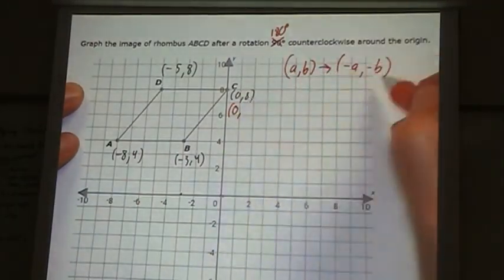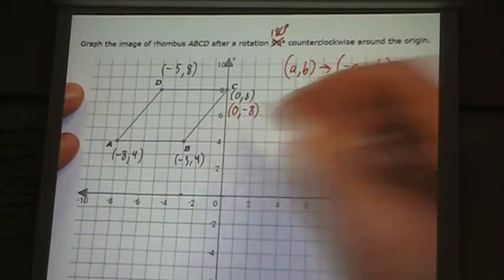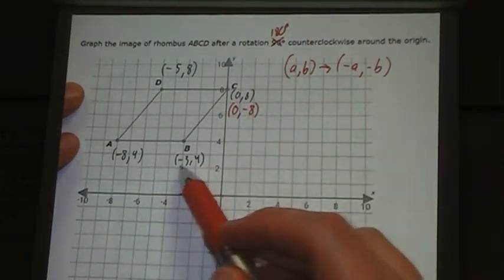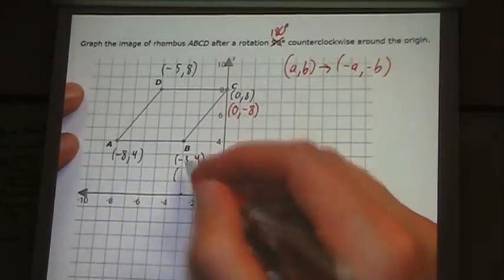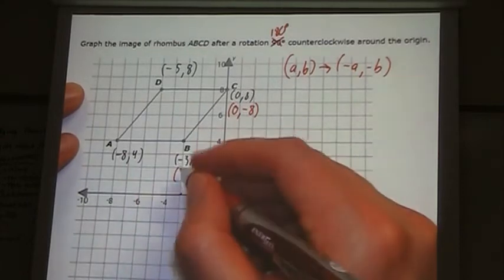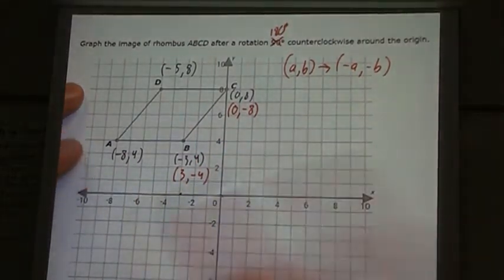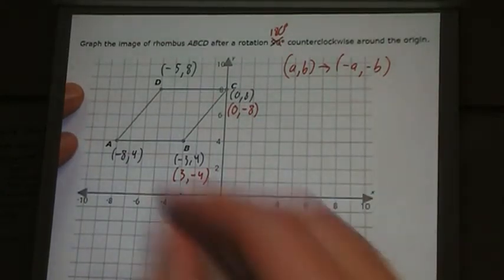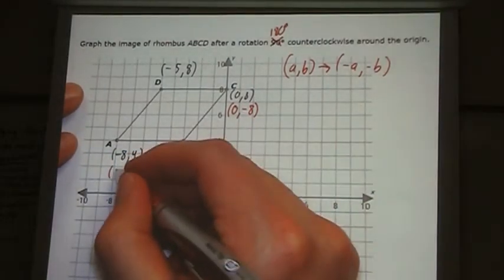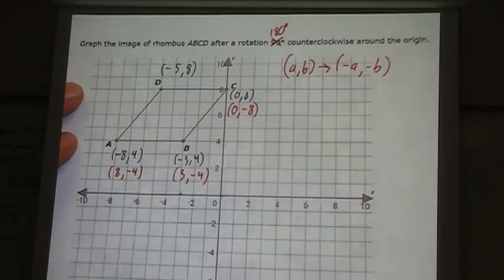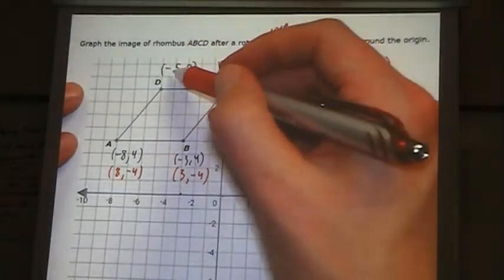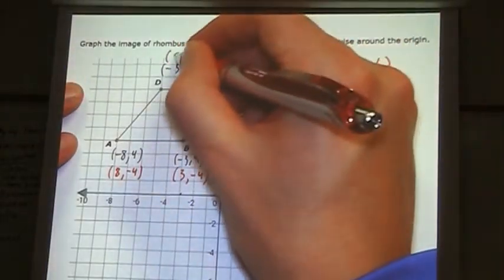And then positive 8 becomes negative 8. Cool. Negative 3, 4. Negative, negative 3, that's just a positive 3. Negative 4. Cool. Or again, in your brain, just think you got to change the signs. So negative 8, 4 becomes positive 8, negative 4. And last but not least, our dinosaur point, D for dinosaur, 5, negative 8.